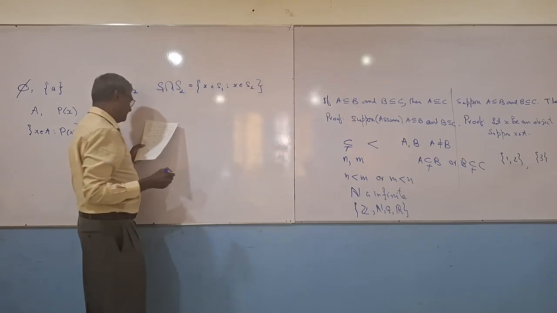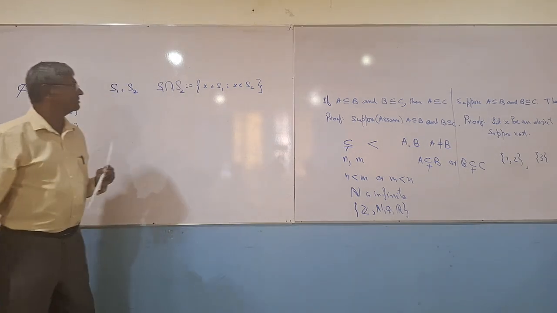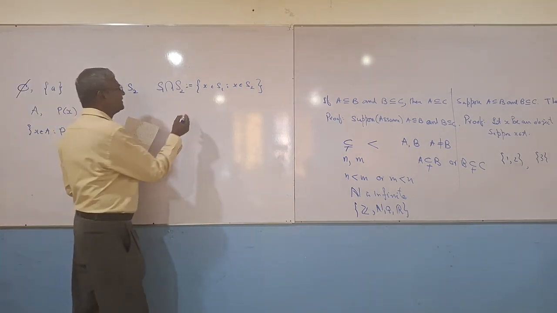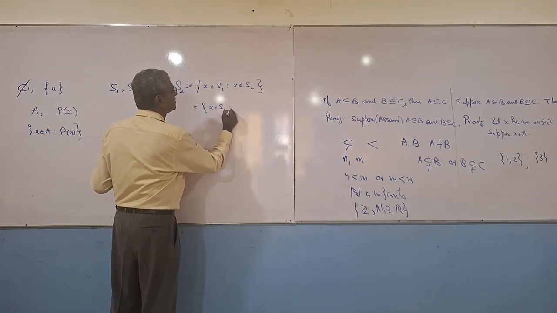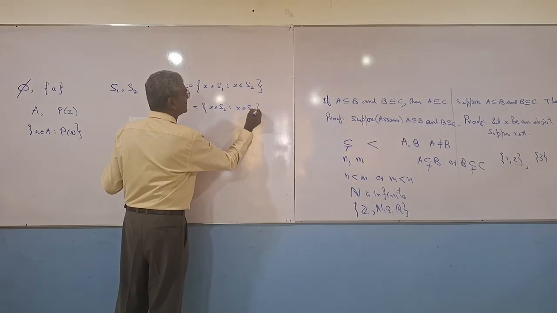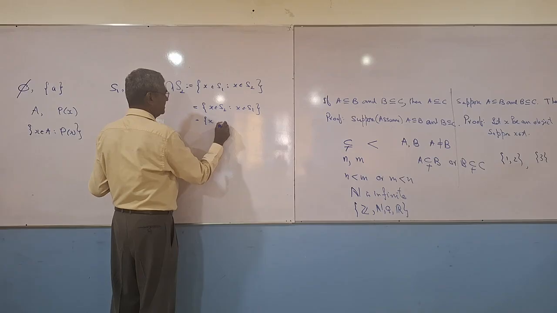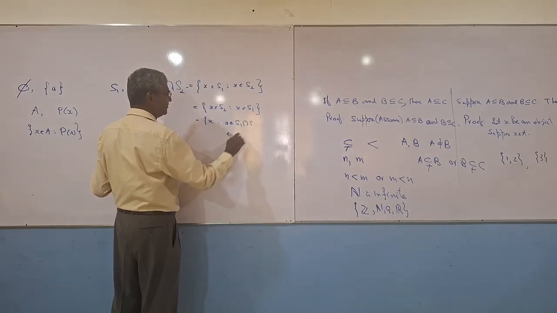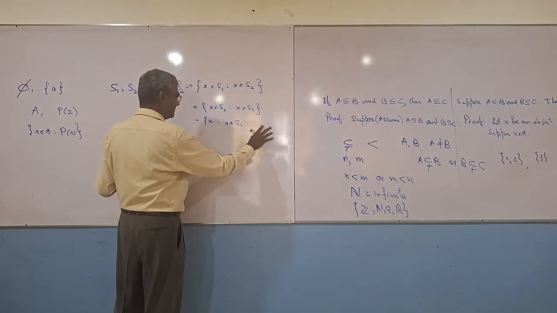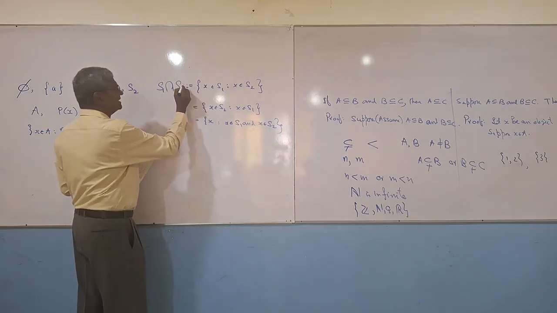This is how he defines it. It is the same thing for us: the set of all x belonging to S2 such that x belongs to S1, or the set of all x such that x belongs to S1 and S2. Same thing, but this is his definition.